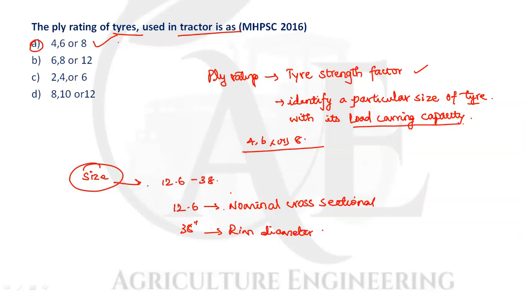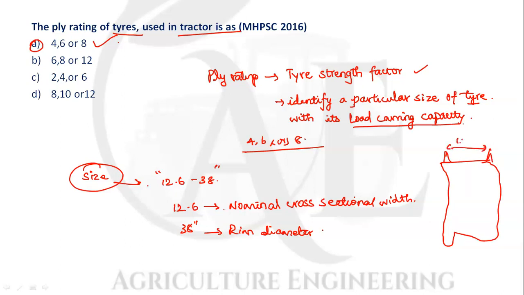So next time when you see a tractor, you can go through this. We can lay out the diagram like this. This width represents the 12.6 inches and this represents the rim diameter, 38 inches. Okay, so this is how you find the size of the tire.